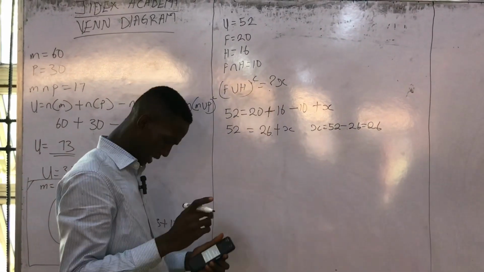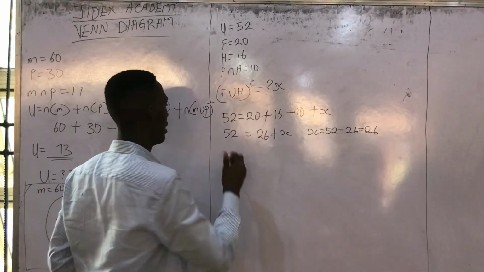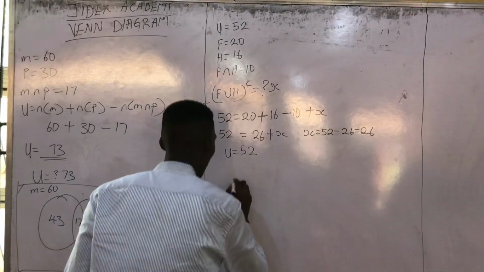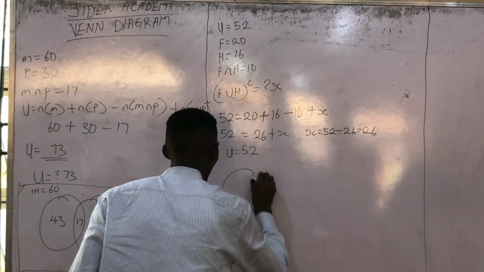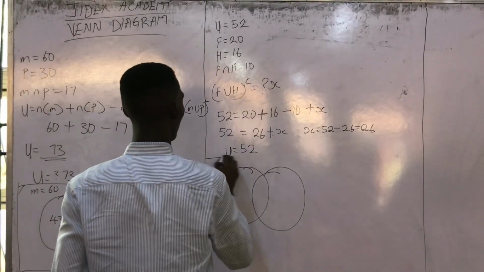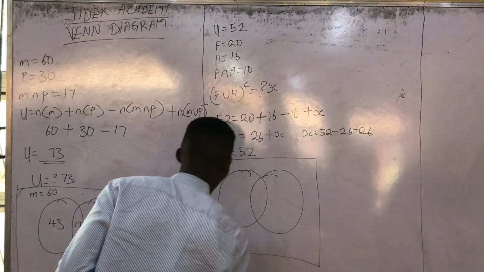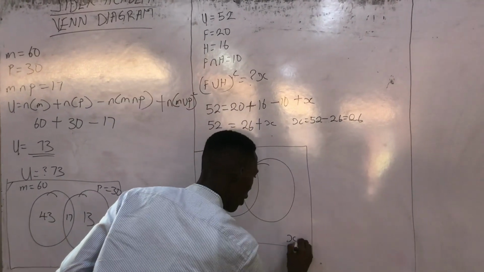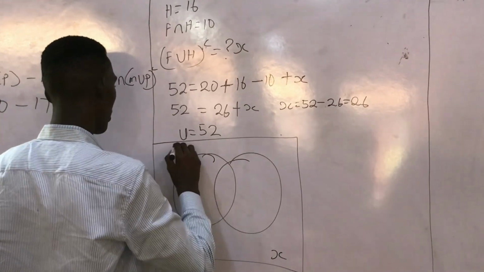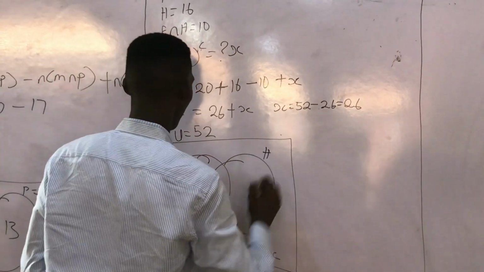But if you are to represent this using a Venn diagram, then our universal set is 52. Then let's draw our two circles. So this here represents our neither nor. Are you with me? This is our football and this is our hockey.